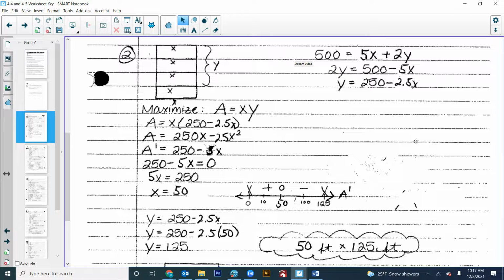What was the constraint for that problem? You're only allowed to use 500 feet of fencing, right? Perimeter would be the constraint. Doesn't it take 1, 2, 3, 4, 5 x's plus 2 y's? 5x plus 2y equals 500, or 5l plus 2w, whatever you call that.